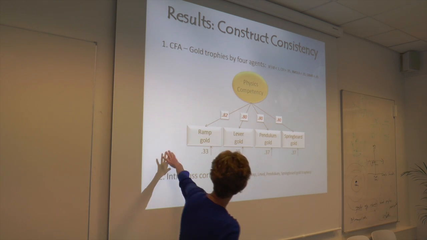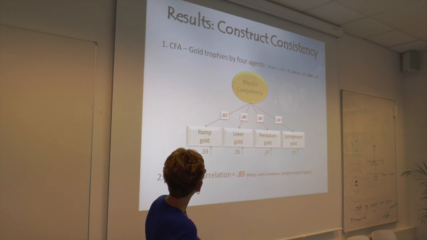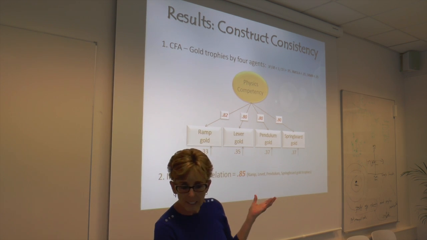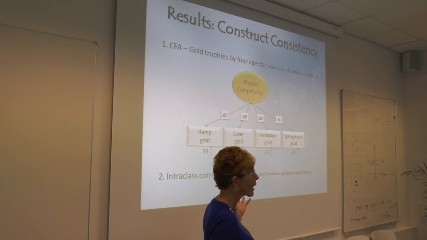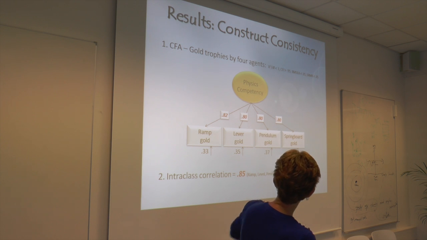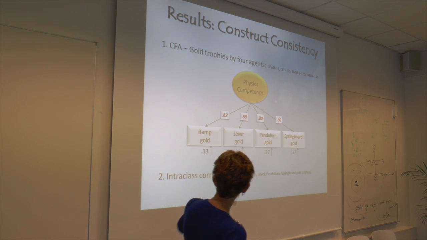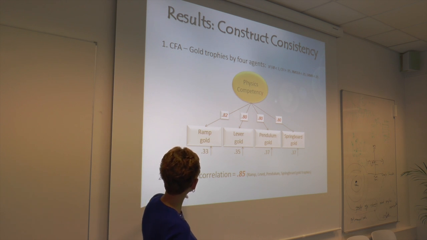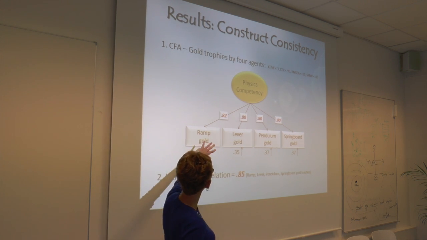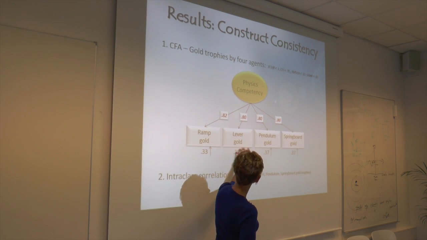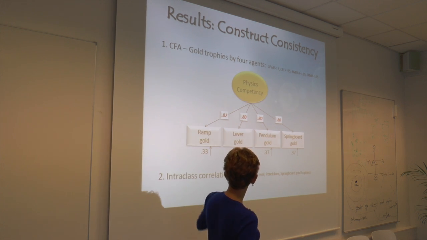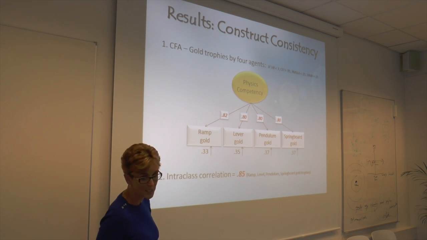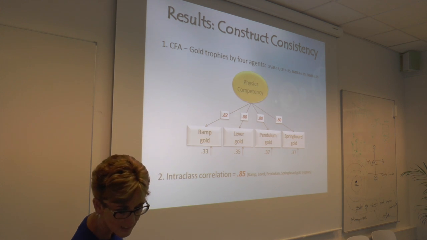So we started out by computing a confirmatory factor analysis to look at the factor structure, and a single factor fit the data well. Low error variance, healthy loadings there. And we also computed intraclass correlations, and that's the internal cohesiveness within each of those categories. The gold trophy by agent, and that too was very nice to see.